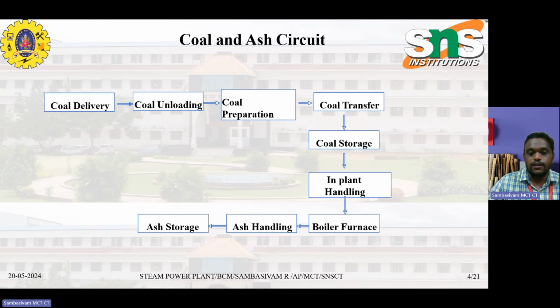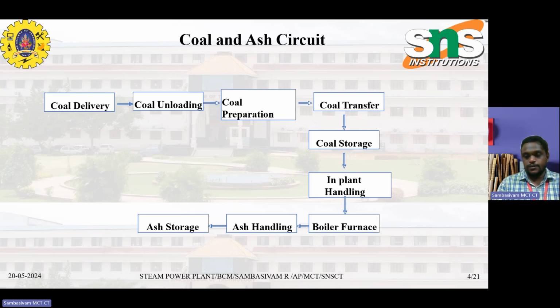The coal is unloaded and prepared, then transferred to coal storage, where the in-plant handling system transfers the raw coal into the boiler furnaces. When it is burned, ash is generated, which is handled by an ash handler.